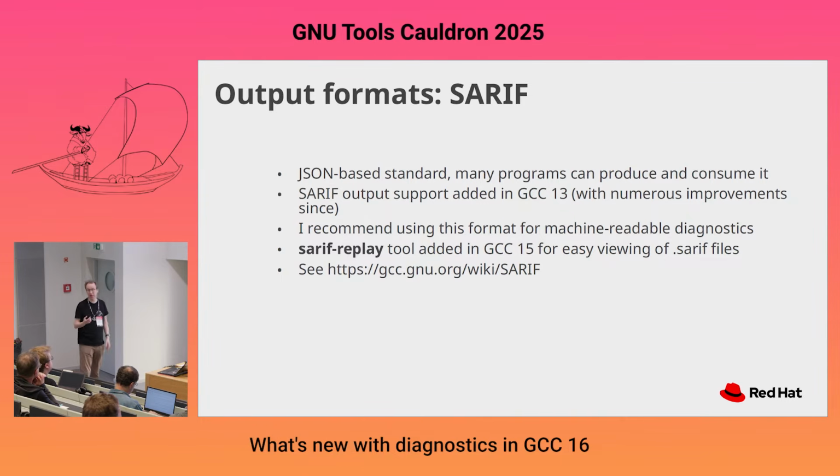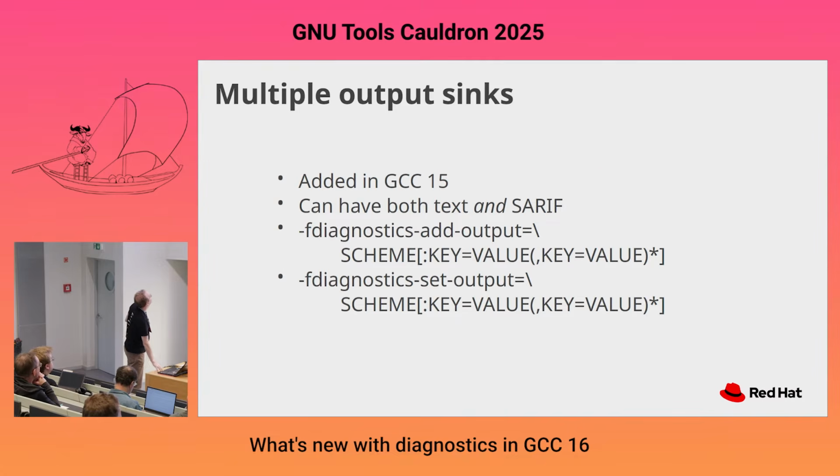It's a big standard that supports a lot of expressibility. In 15, I added a SARIF replay tool, which is a consumer of SARIF files, and basically plays them back as if GCC were emitting them in text form. And that's the wiki page for GCC's SARIF support.